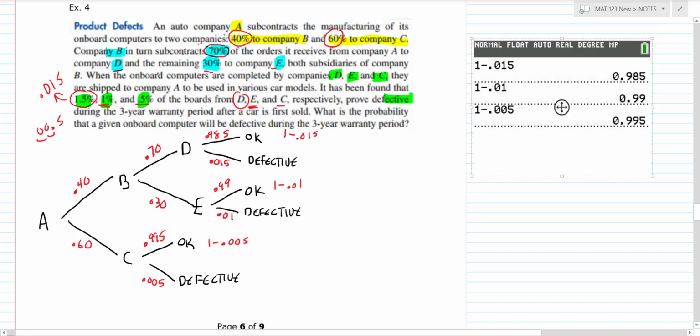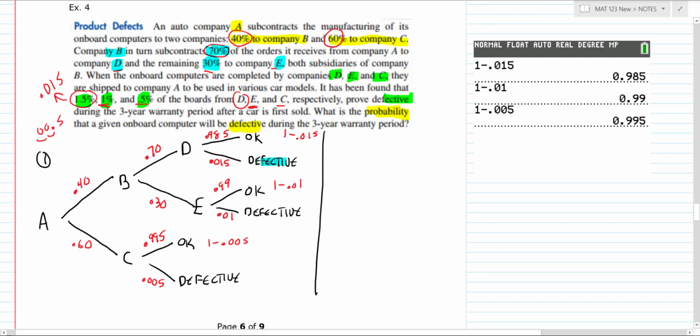So that's the first thing you want to do on the problem. Now what we're going to do is try to put the basic probability together. Let's read the question. It says, what is the probability that a given onboard computer will be defective? What that means is there are 3 ways to get a defective computer.